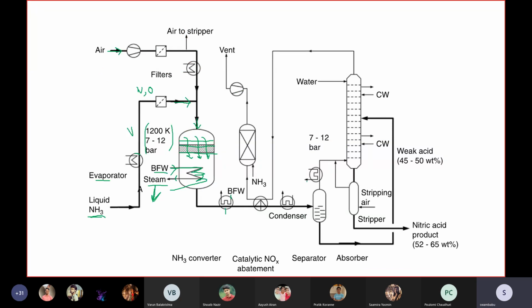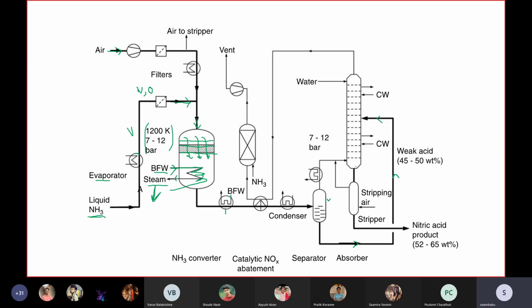Here the condensed, you can see whatever nitric oxide comes here, just for the time being, don't worry about this, I will explain. So the nitric oxide comes here and is supplied into this absorber.